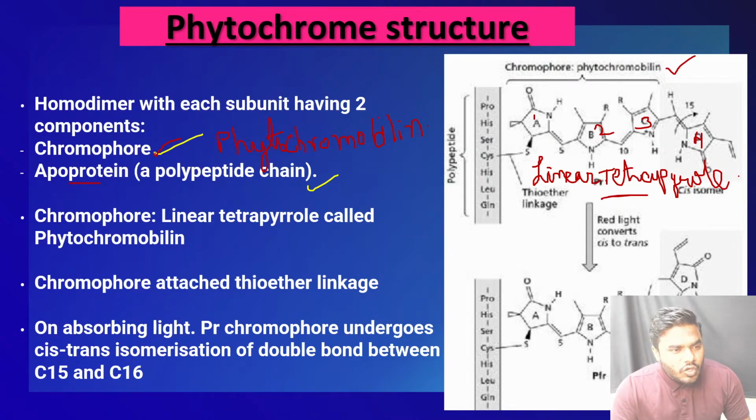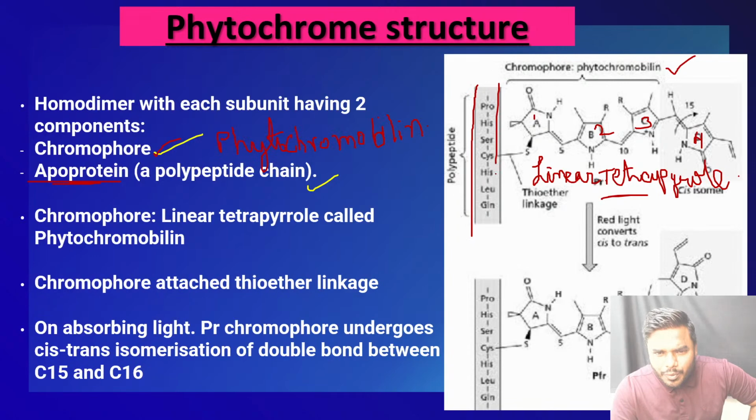Now this is the chromophore, but the chromophore is also associated with another structure, right friends? What do you call this particular structure? We call it the apoprotein. What is the point I want you to remember while studying this apoprotein? Everyone listen to me carefully. Apoprotein means a polypeptide only, right?